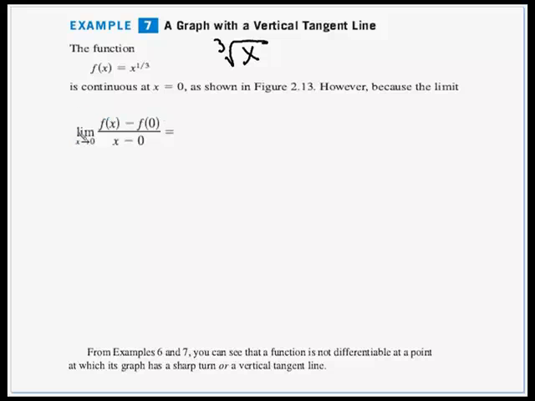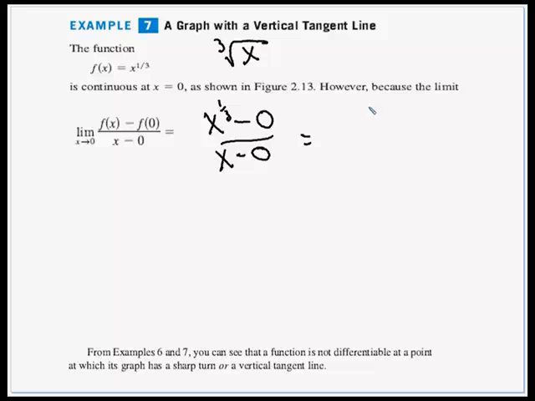We have this alternate form: the limit as x approaches 0, f of x minus f of 0 over x minus 0. Well, f of x, I can replace this with my x to the 1/3, minus f of 0. If I plug 0 in here, 0 to the 1/3, or the third root of 0, is 0, all divided by x minus 0.